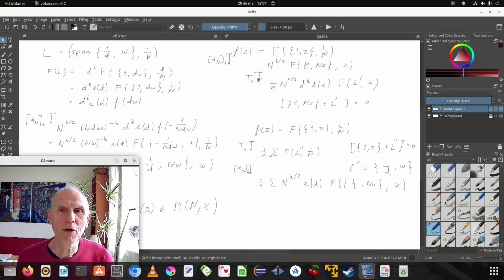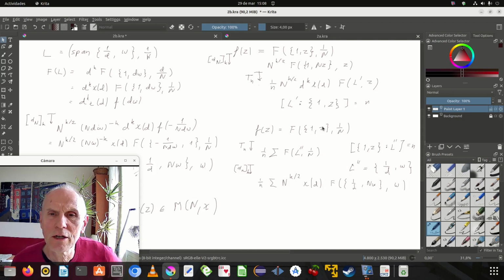And then we operate with Tn, where we sum over all matrices. This is wrong, isn't it? It should be the other way around, really. So that this has order n in L-mark.